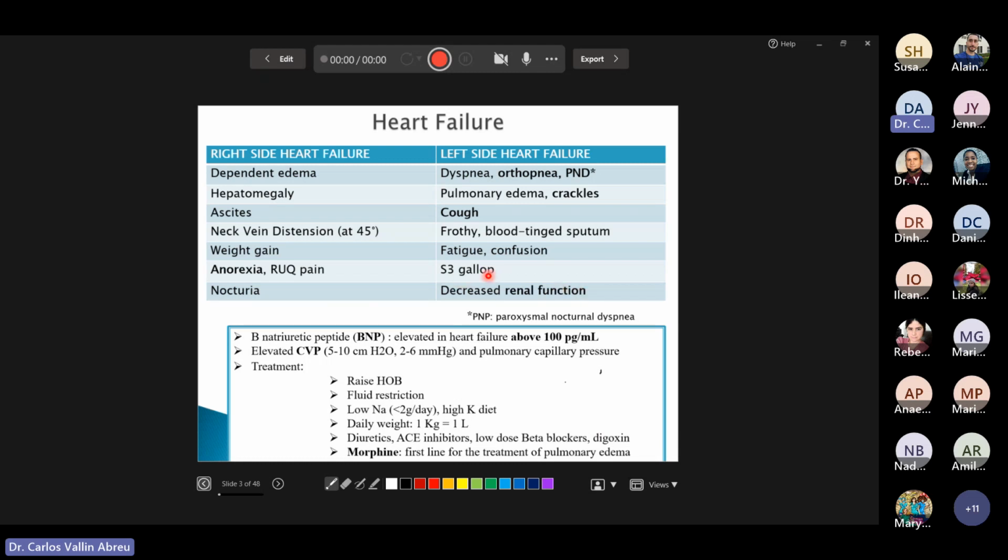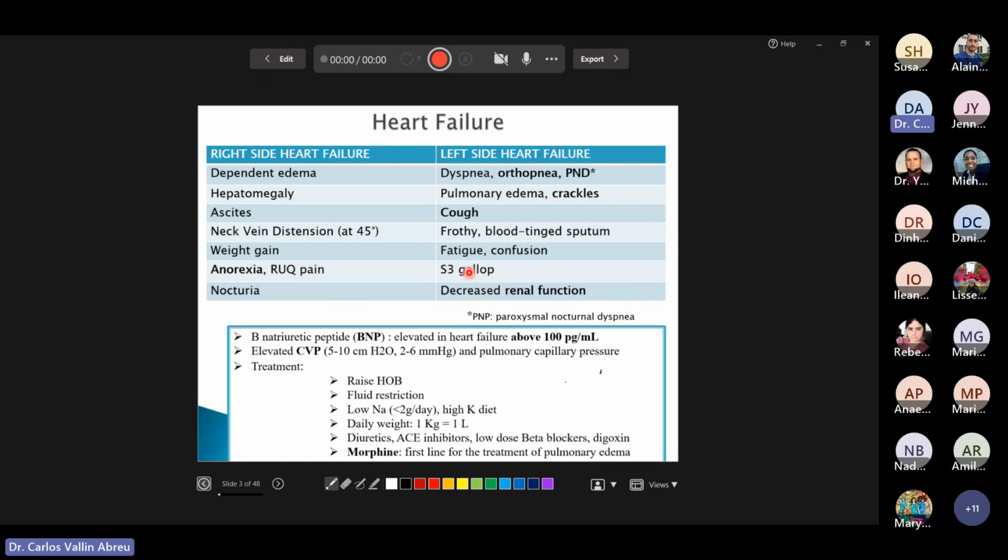But then remember that in assessment we mentioned the S3, and we say that the S3 equals a person at risk for heart failure. So ignore what we taught you before, that S3 can, as an exception, not as a rule, be found in normal people.